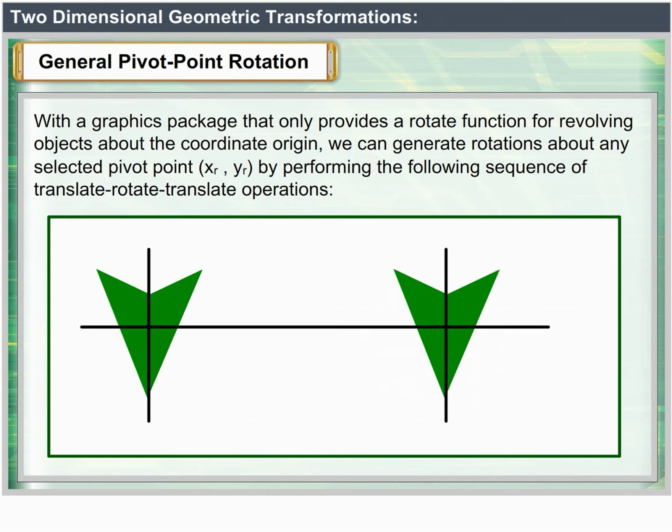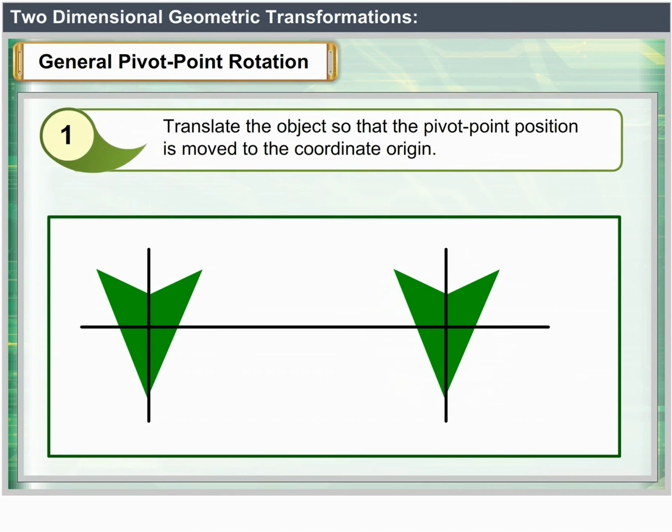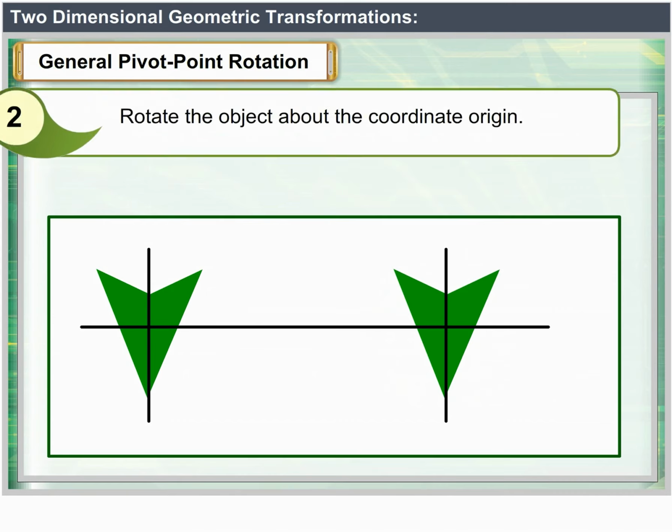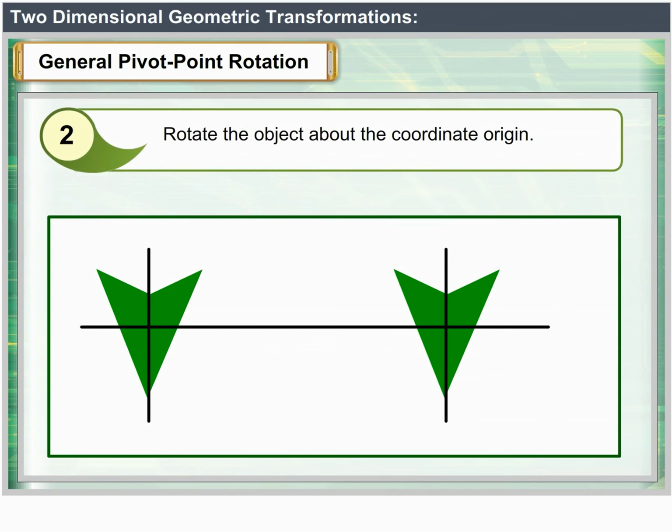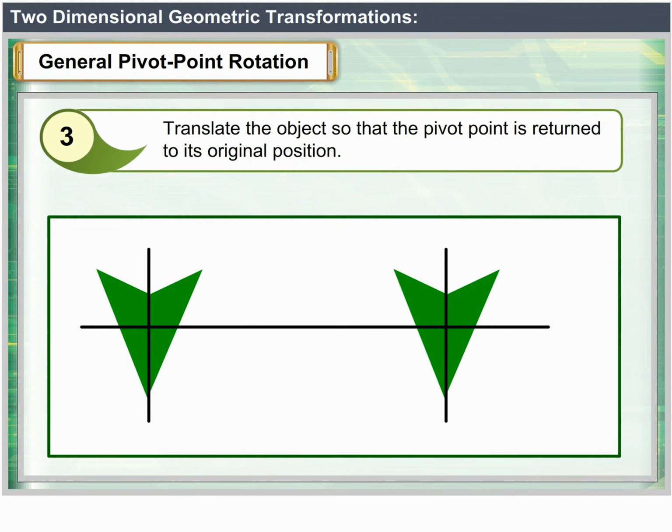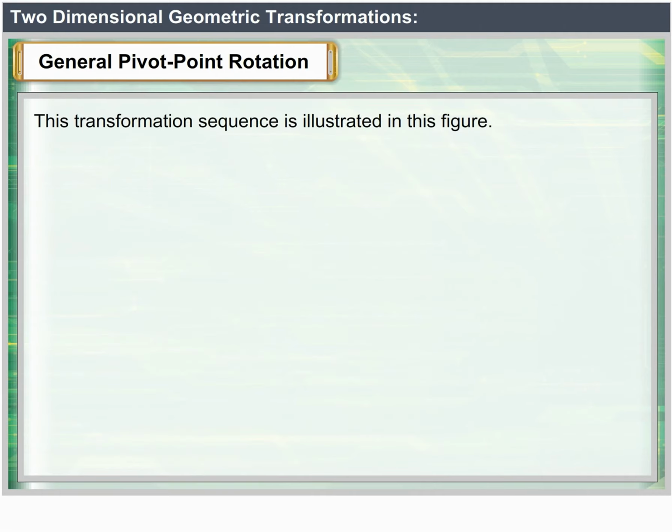Translate the object so that the pivot point position is moved to the coordinate origin. Rotate the object about the coordinate origin. Translate the object so that the pivot point is returned to its original position. This transformation sequence is illustrated in the following figure. This figure shows a transformation sequence for rotating an object about a specified pivot point using the rotation matrix.